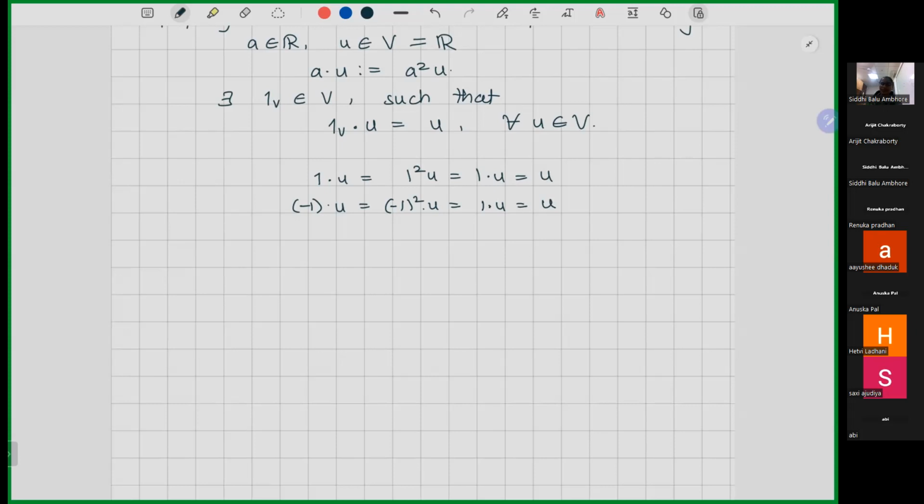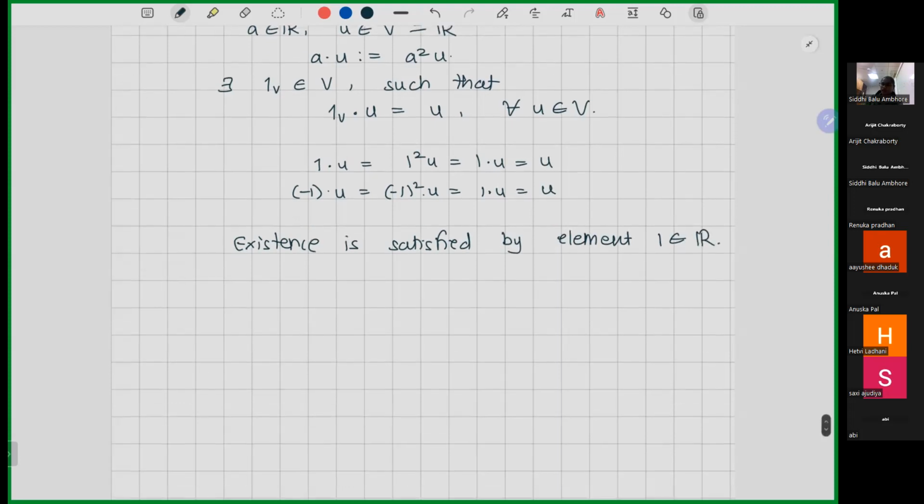Okay, if it is confusing for you, just leave it, but yeah, the existence is satisfied, by the element 1 in V. Oh, sorry, 1 in R. 1 is in R, which is our set from which scalars are coming from.